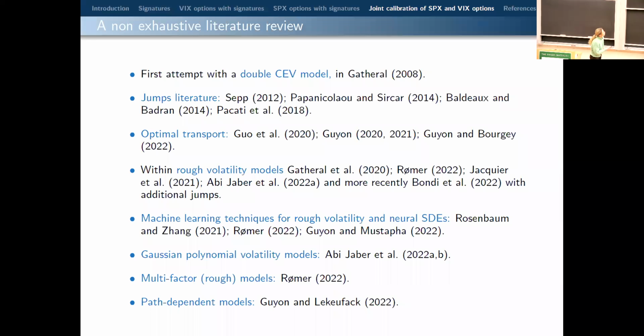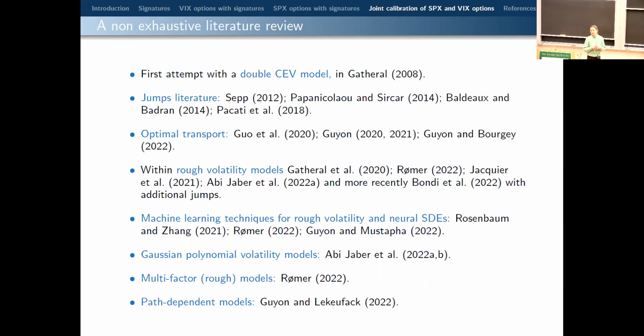So now let me come to the joint calibration. Here is a list, certainly non-exhaustive, of contributions to the literature on this joint calibration. Everything started with a double CEV model by Gatheral in 2008. Then there was some literature where jumps were included. Then there are many optimal transport approaches to that, and here I mention these papers by Guo, Guyon, and so on.